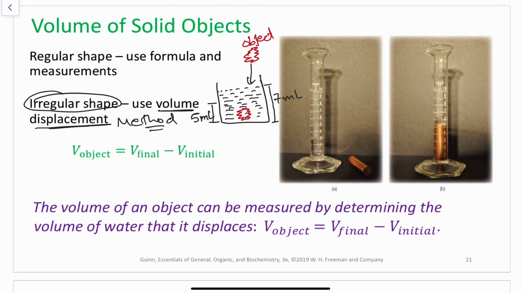Final is 7, initial is 5, which is 2 ml. So the change in volume of the liquid after you drop the object is 2 ml, and according to the volume displacement rule, this is the volume of the irregular object.